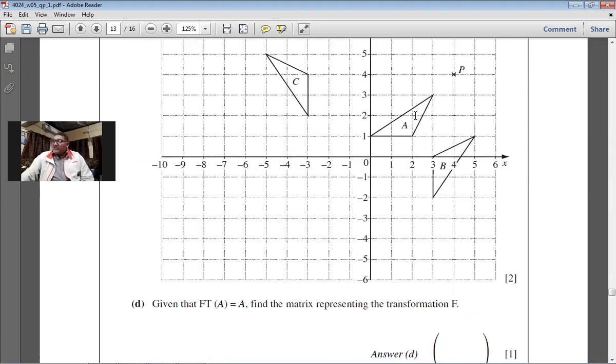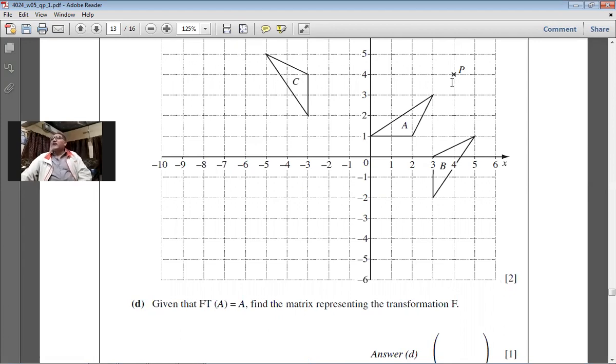It says triangle A has been mapped onto triangle B, so it's a reflection. If you want to find the line of reflection, you join these 2 points with each other and you draw their perpendicular bisector. When you draw their perpendicular bisector, that will be a line like this. So that will be the line of reflection.